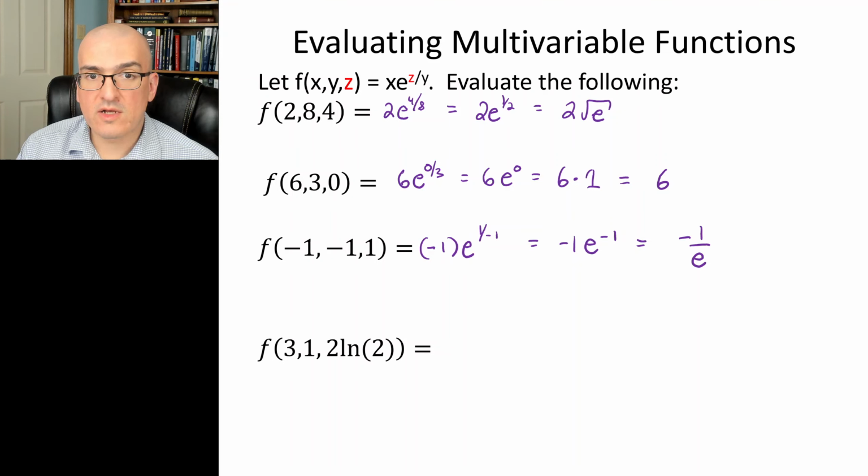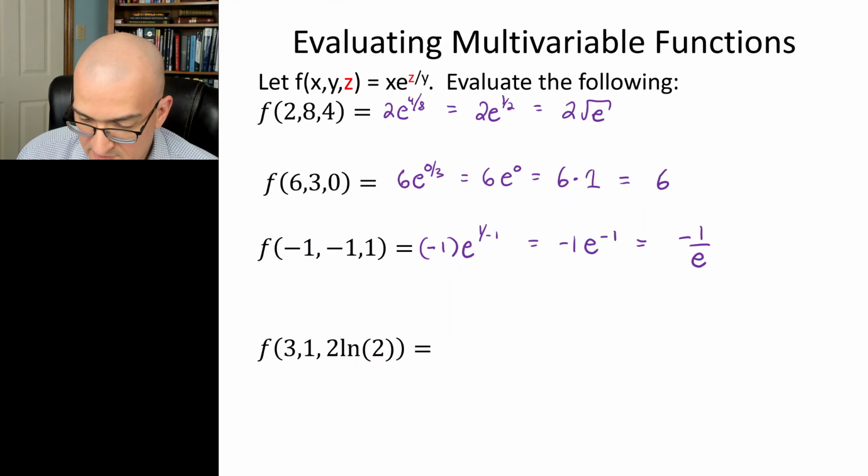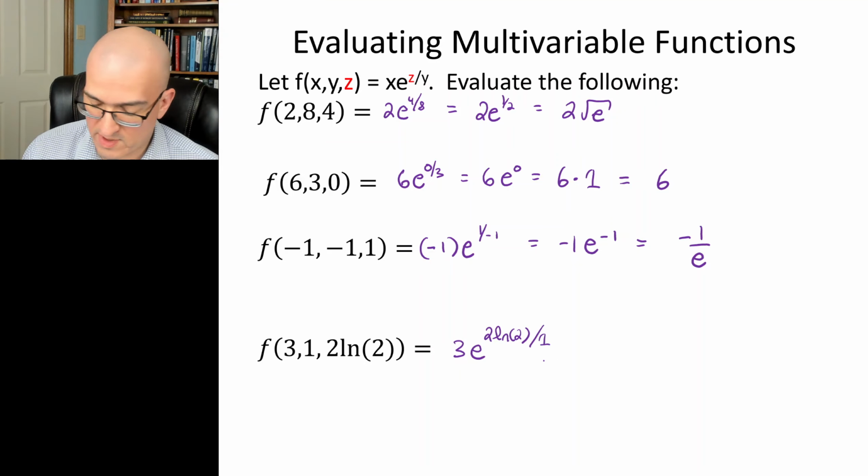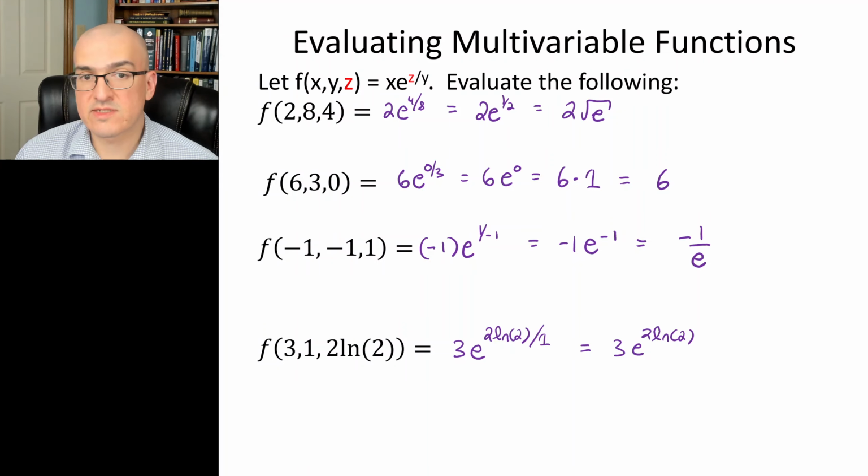We have some log expression being plugged in for z. So what we'll have here is the x value, 3, times e to the power of the z value, 2 ln 2, divided by the y value, 1. Divided by 1 doesn't do anything. We have 3e to the 2 ln 2. And we can't use the cancellation law right away.